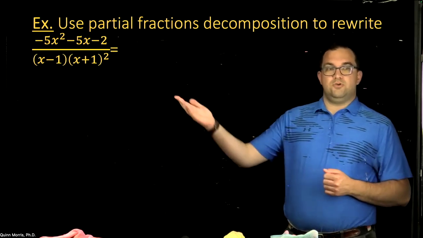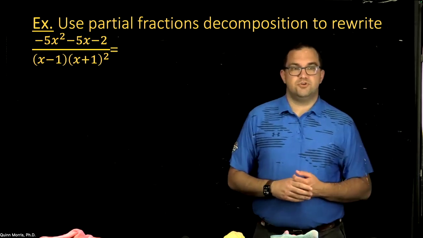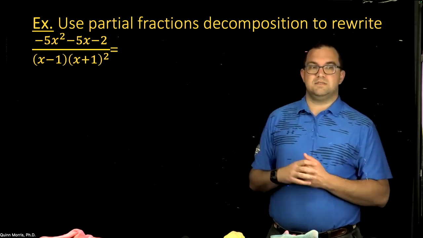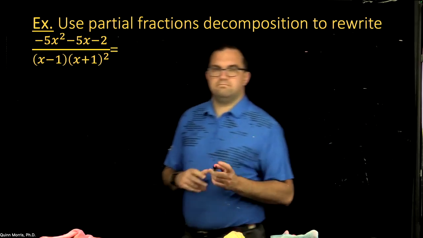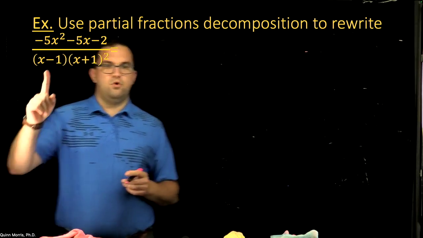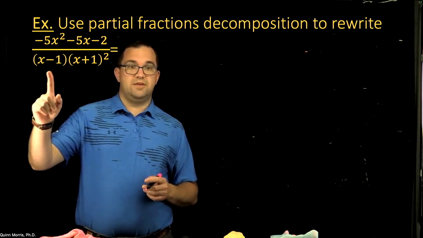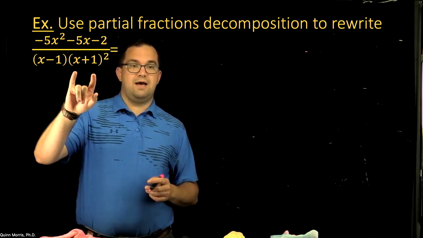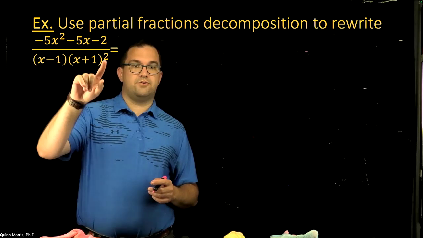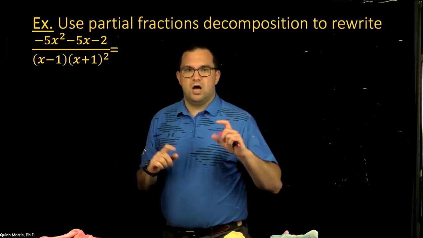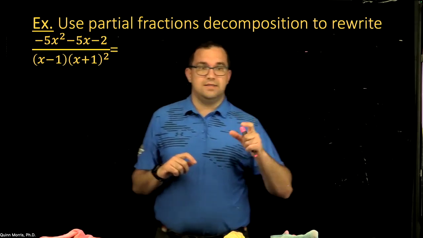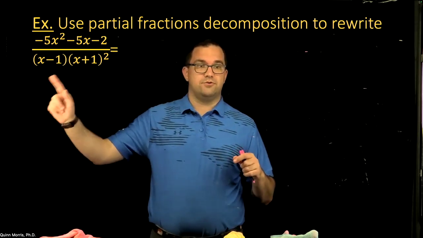So imagine I want to use partial fractions decomposition to rewrite this integrand. If I look at this, I have 1 single linear factor, and then I have another linear factor squared. So in this case, I really have a combination of 2 case 1s, but these are different linear factors.